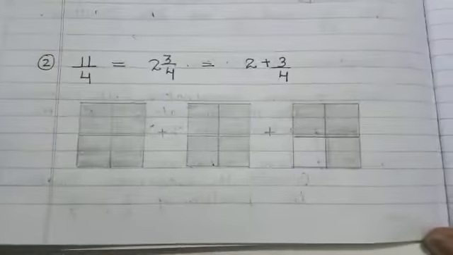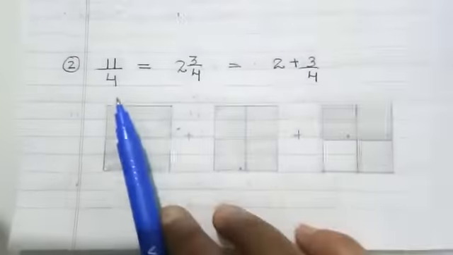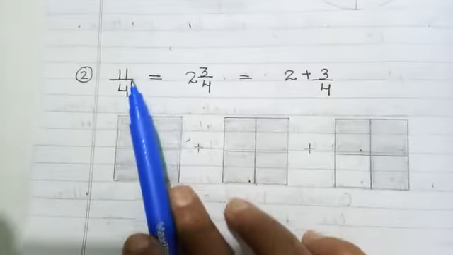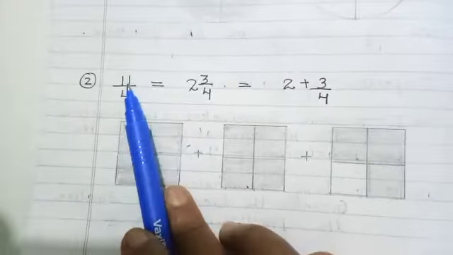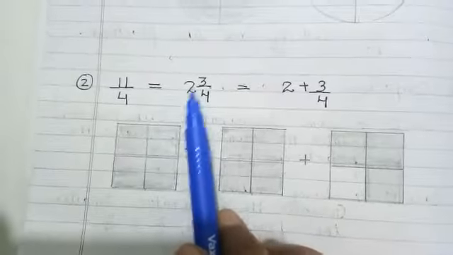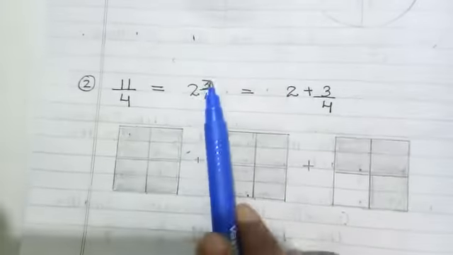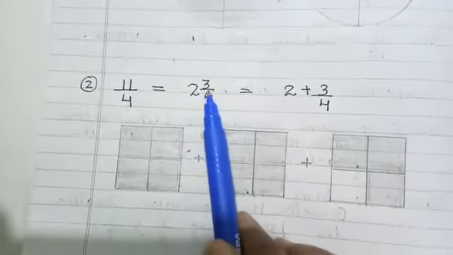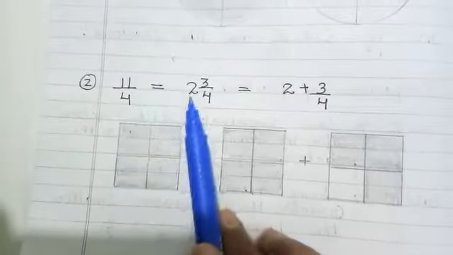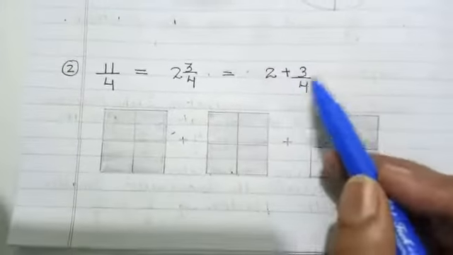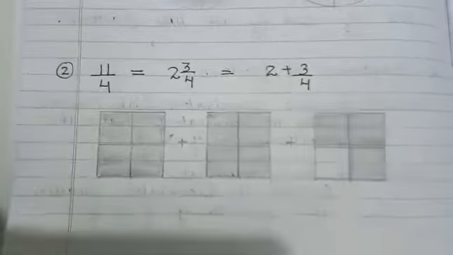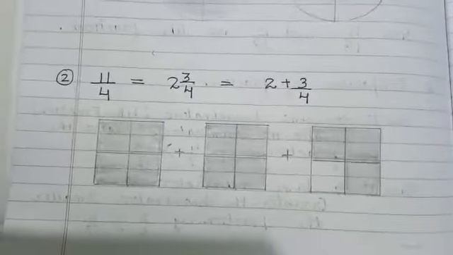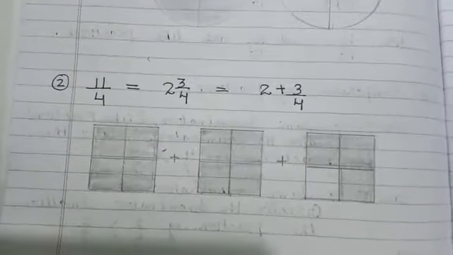Let us take one more example. See, if I have written 11 by 4, the denominator is small and the numerator is big. You convert it: 4 times 2 is 8, and 8 plus 3 comes to 11, so 11 by 4. You divide, you get 2 and 3 by 4. So this is 2 plus 3 by 4. It means 2 full pizzas and 3 by 4th of the third pizza.